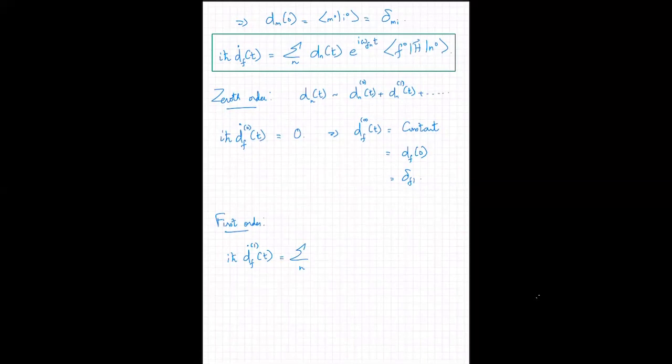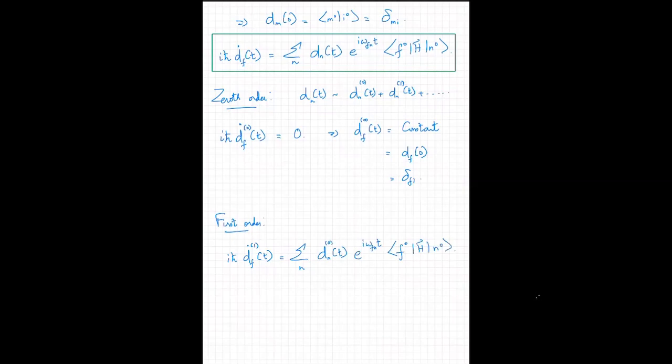The matrix element of the perturbation is already first order. So if I write d on the right hand side as a combination of 0th order, first order, and second order terms, I will find that the first order contribution on the right hand side is basically the multiplication of the 0th order term here times the first order term, which is the matrix element.